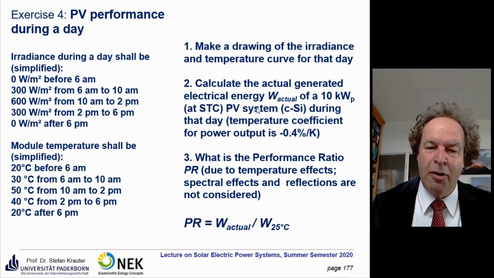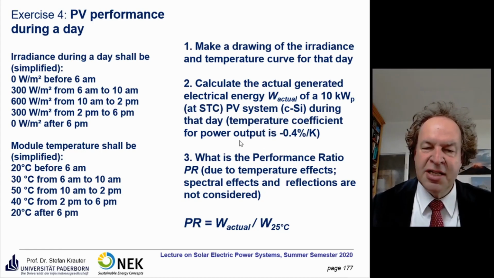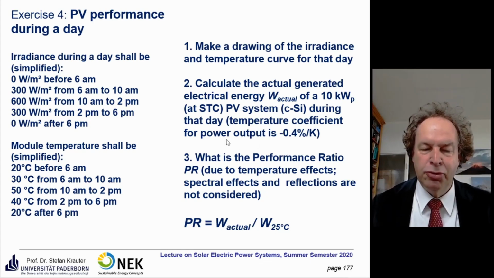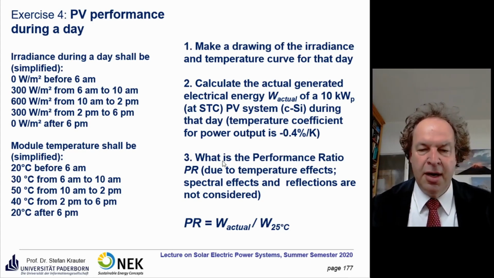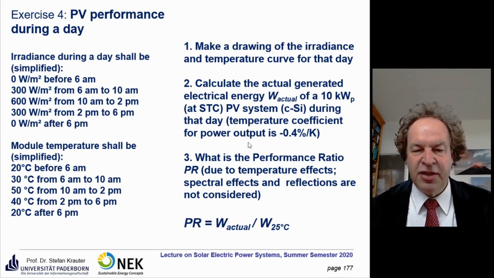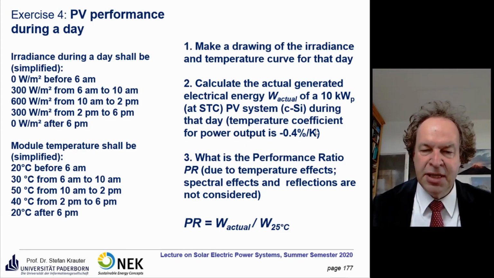You should consider, because it's crystalline silicon, that the temperature coefficient here is minus 0.4% per Kelvin temperature increase. So that's the temperature effect for power output. You don't have to consider the voltage, fill factor, and the current, it's already given here for power output.